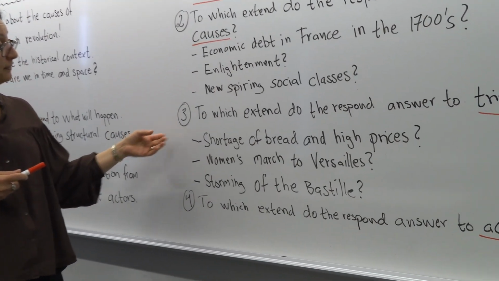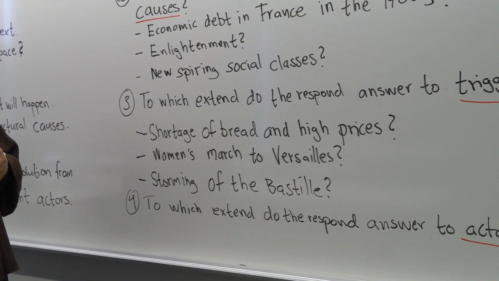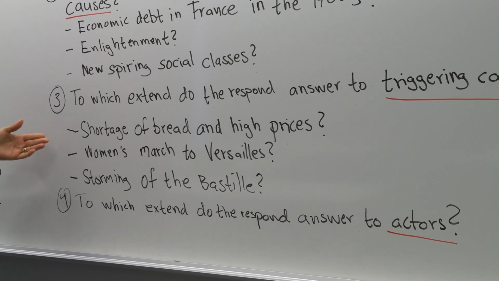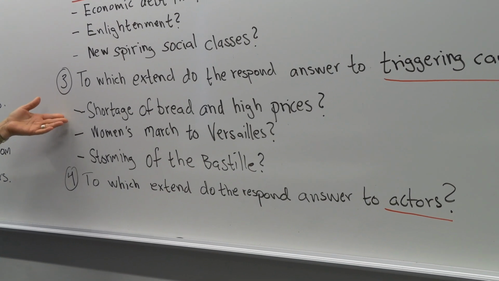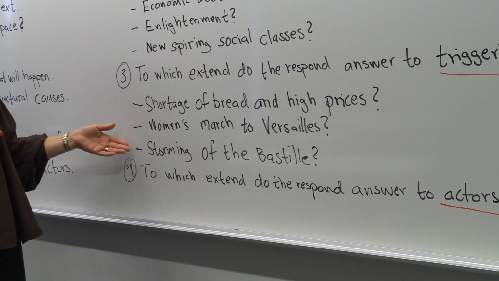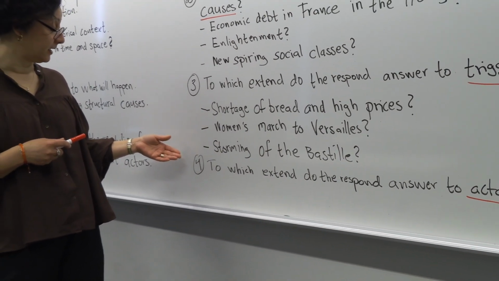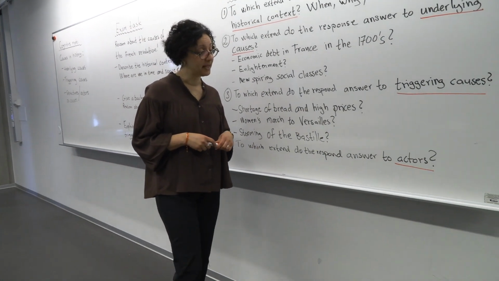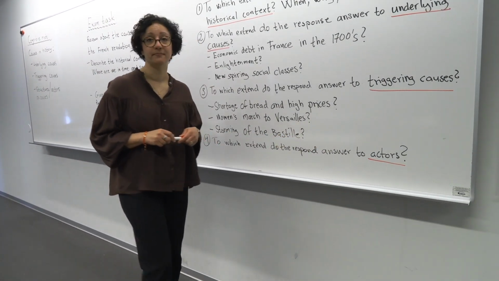And number 3, to which extent do the respondent answer to triggering causes, like shortage of bread and high prices, women's march to Versailles, storming of the Bastille? And number 4, to which extent do the response answer to actors?